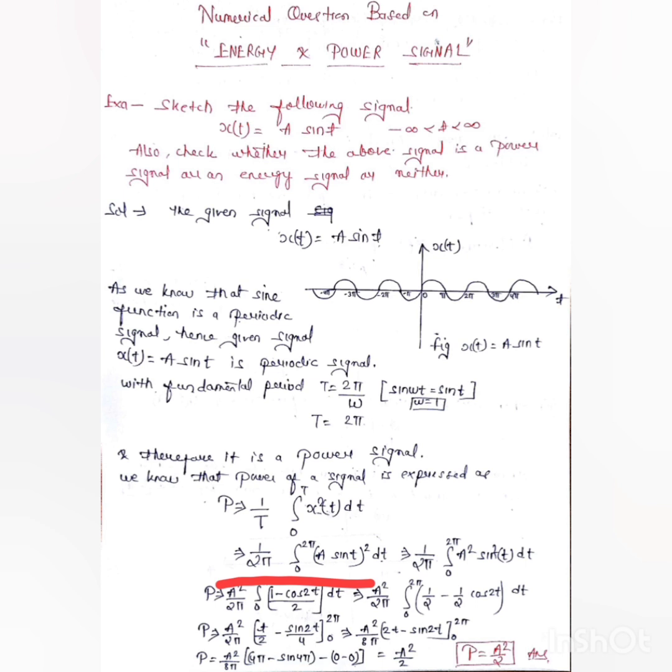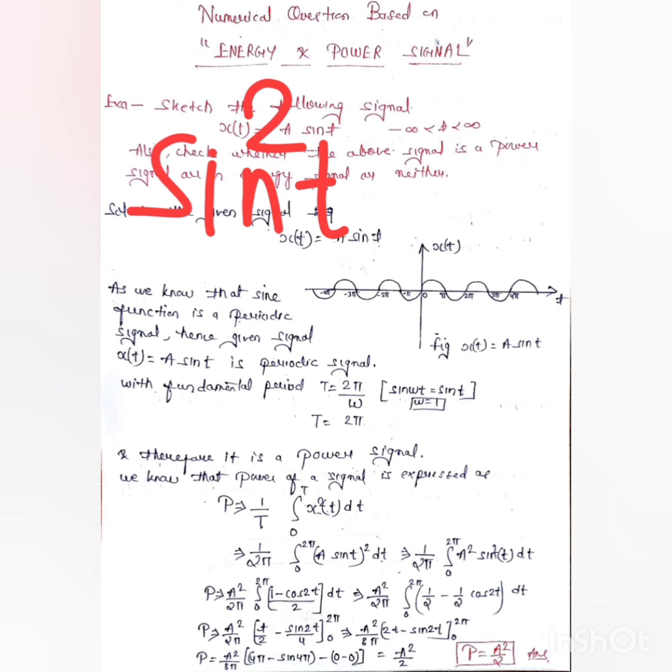As we have to use multiple formulas here for calculating the integration, first, as (A sin t) is whole squared, we can open it, and we get 1 upon 2 pi integral 0 to 2 pi A squared sin squared t. Now we have to simplify sin squared t with the help of a formula.